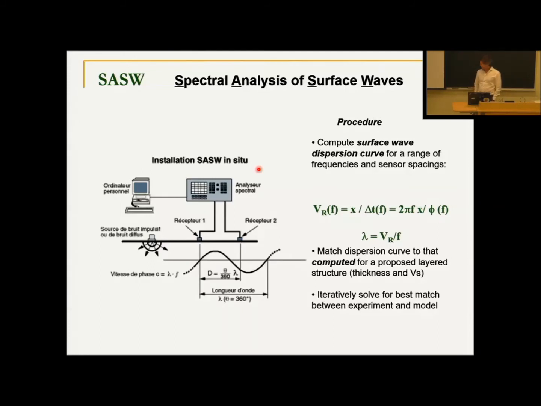So I'm not going to go into detail about this, but you have two sensors and you compare the phase delay of these two at different frequencies, that is the time delay at different frequencies, and you get a plot of the velocity as a function of frequency, right?